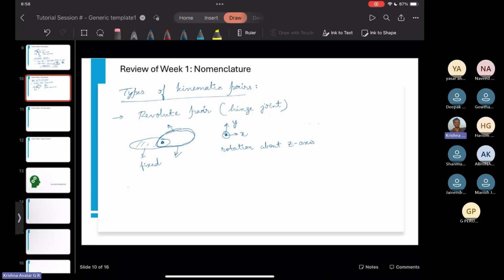Which means the only motion that body number two can have with respect to body number one is rotation about this hinge axis, what we call the revolute pair. So this is a hinge joint, and this is the only motion possible, which makes it have 1 degree of freedom.